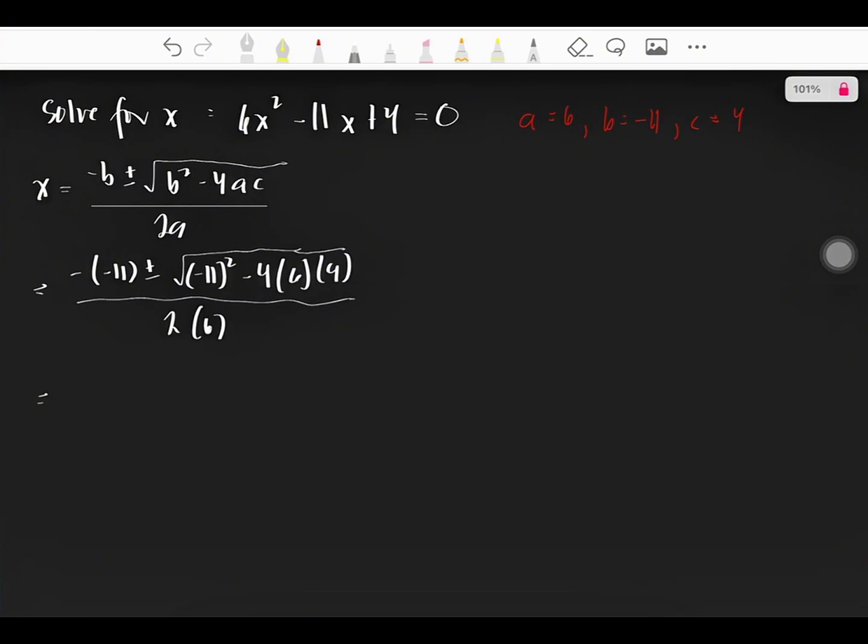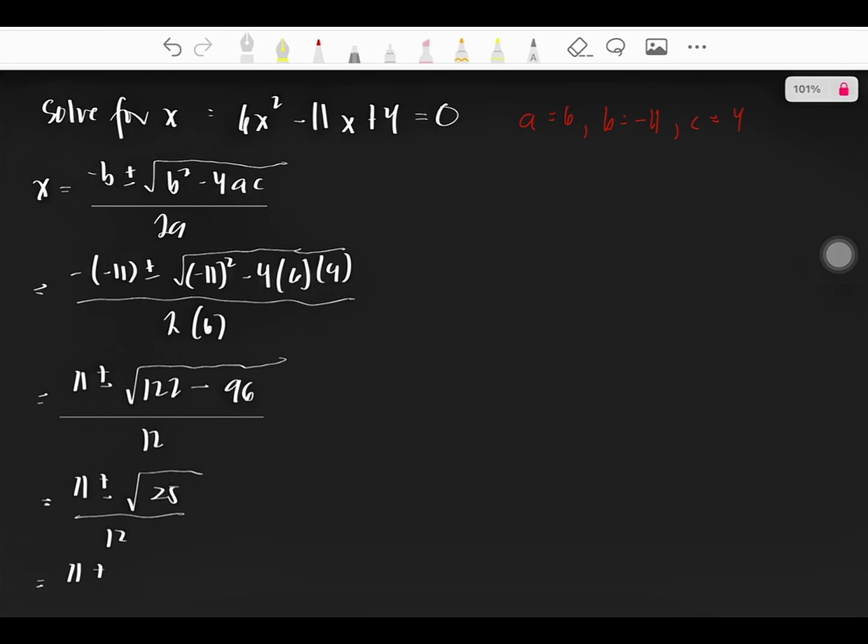So now let's just use the operations. We have 11 plus or minus the square root of 121 minus 96, all over 12. So 121 minus 96, we have 25, all over 12.